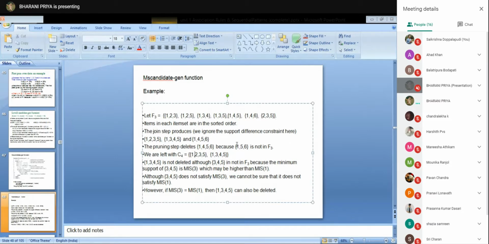One condition is met. And the second condition is the first element, C of 1, is 1, and the subsequent 1 in the subset is also 1. The first element belongs to this subset, then also you can delete. But in this case, the first element does not belong to 3, 4, 5. Then you cannot delete. This is the second rule.